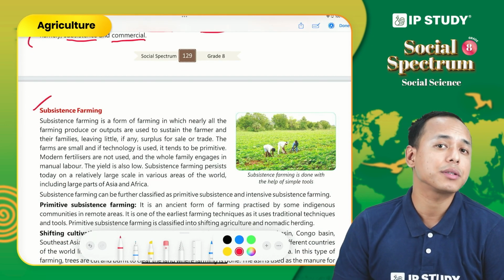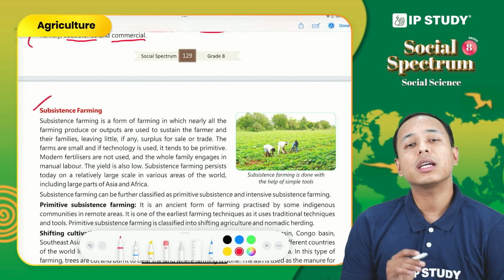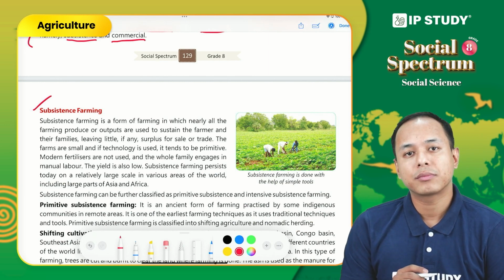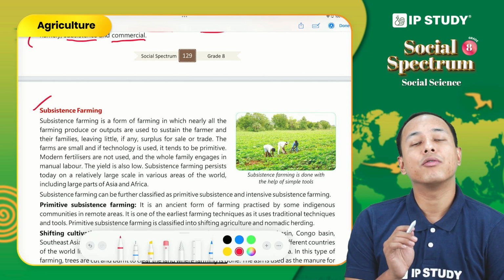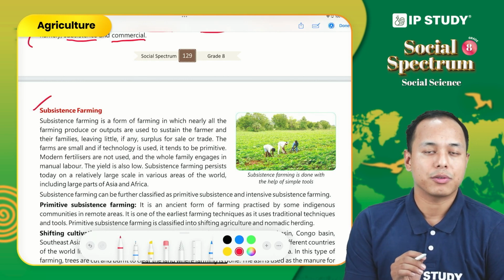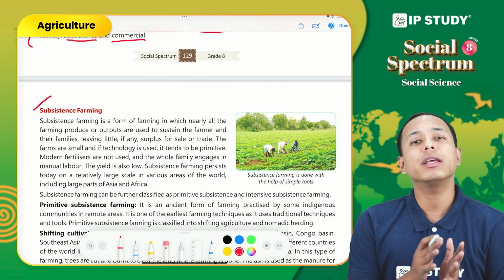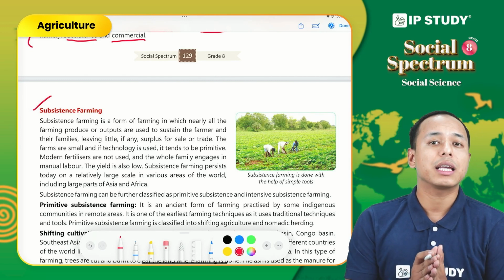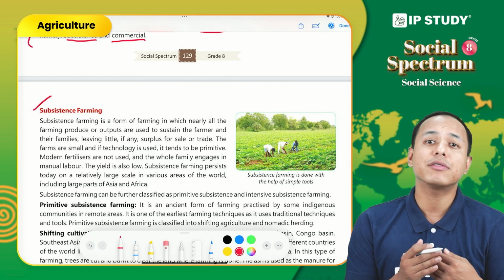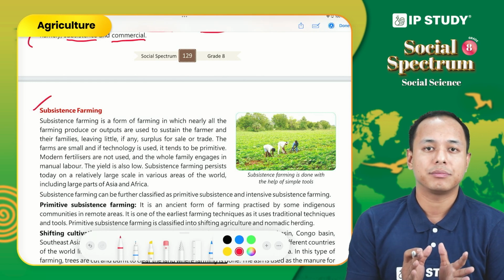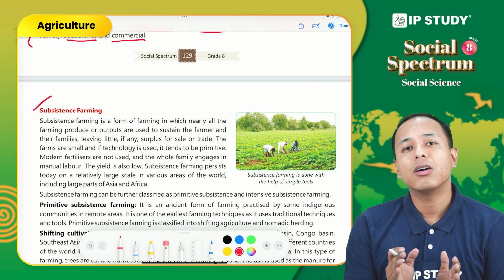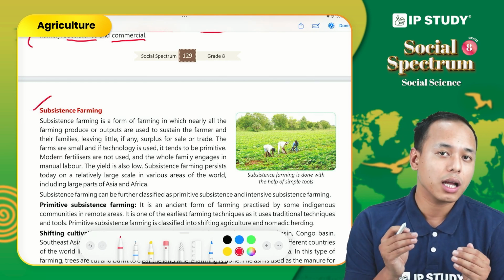So what is subsistence farming? In this type of farming, the farmer and his family are involved in the agriculture process. The labor is the family members of the farmer, and all the agricultural produce is used by the farmer and his family to sustain themselves. As a result, there is very little or even no agricultural surplus.